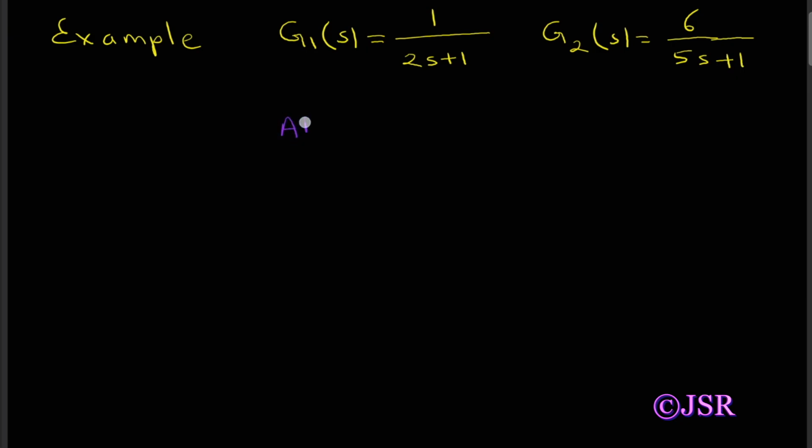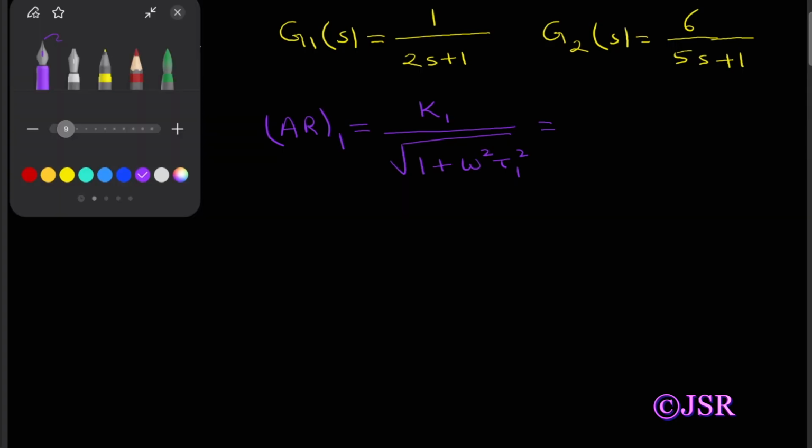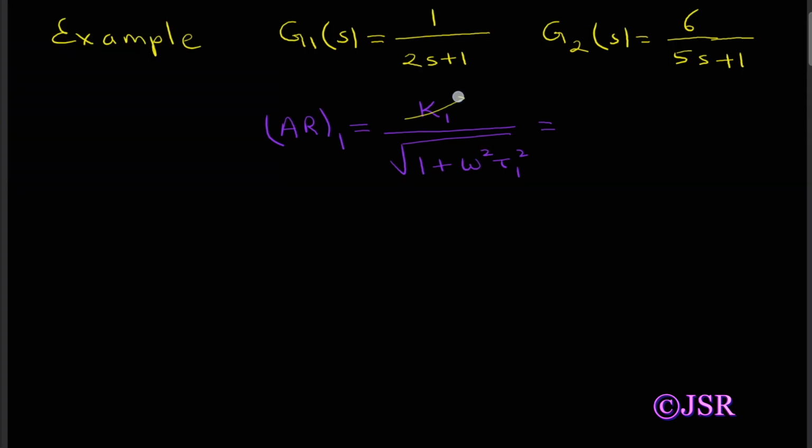So the amplitude ratio for the first system will be K1 upon under root 1 plus omega square tau 1 square, and K1 is 1 and tau 1 is 2.